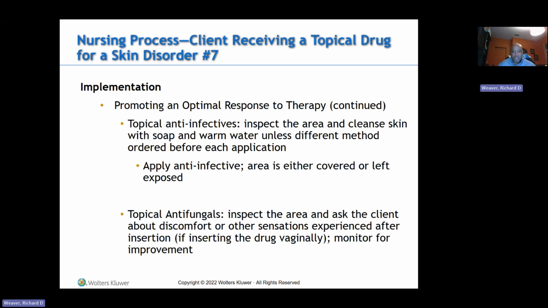So we must note improvement or deterioration of lesions of the skin. Did it improve? Is it deteriorating? Is it getting worse? Of the mucous membranes, of the vaginal secretions in the patient's record, of course. It is important to evaluate and chart the client's response so that the team knows what is going on.